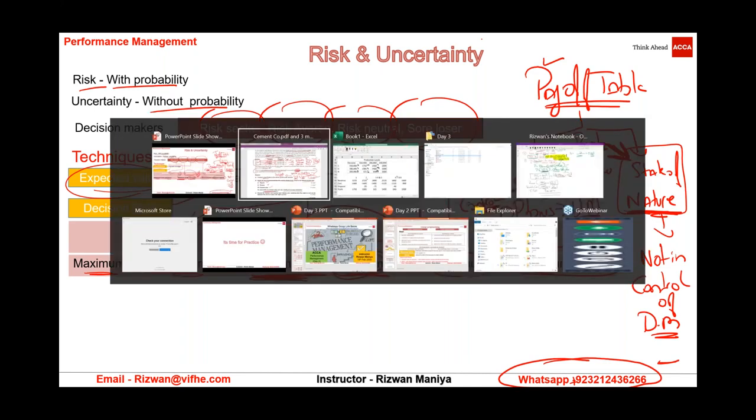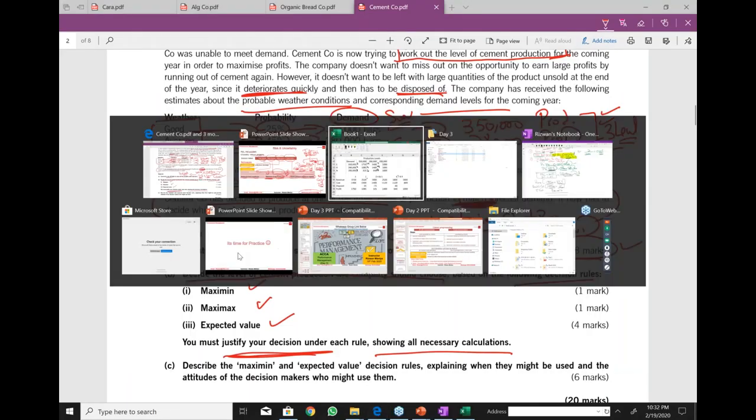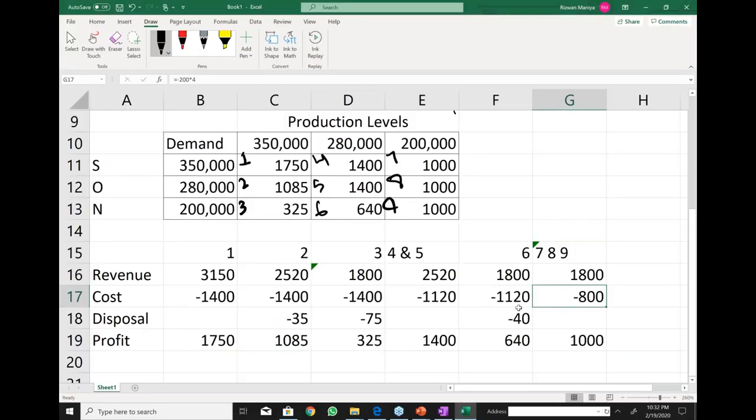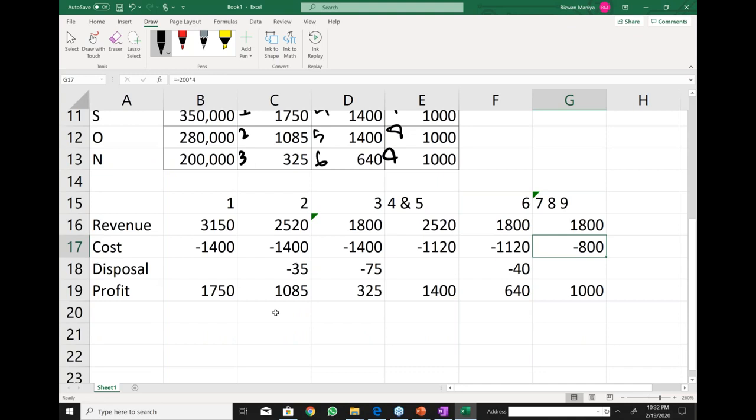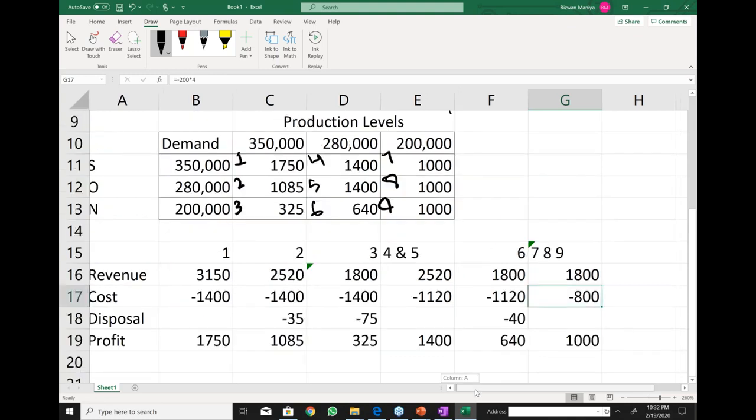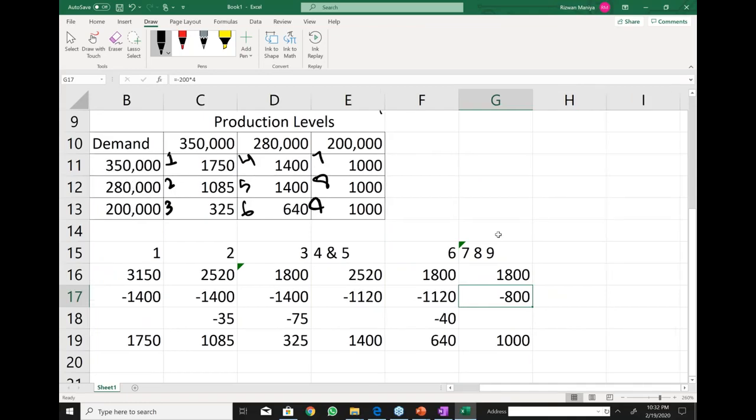So let's go to our workings and see what payoffs we have found for our calculation. Now let's apply the rule maximin. You have to take a decision, and definitely you take a decision for something that is in your control, and that is DA, right?